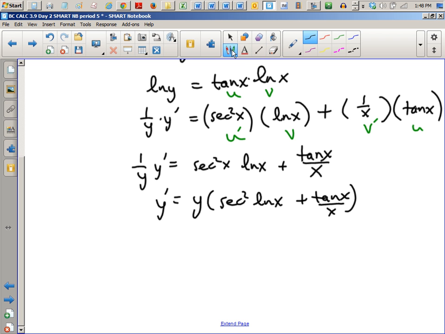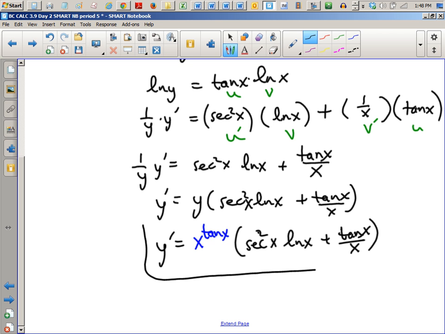And remember, y was given initially to be x to the tan x. Forgot my x on the secant there. Secant squared x ln x plus tan x over x.